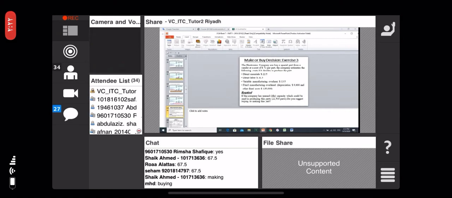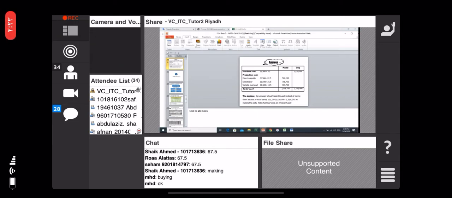Okay, we will go to the less cost. Which is the less cost? Purchases 72 and making 67.5. So our decision, we will go to making because the purchases cost exceeded the making cost.